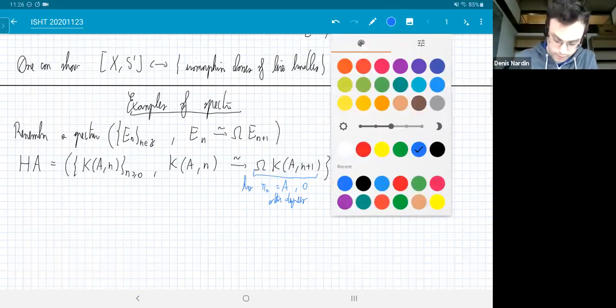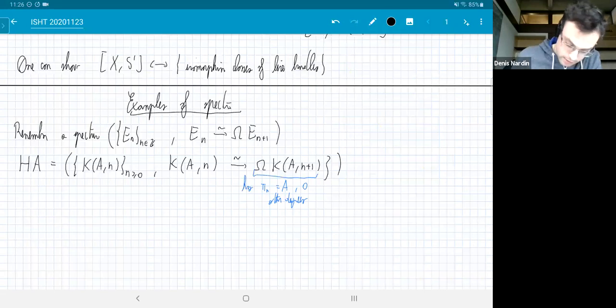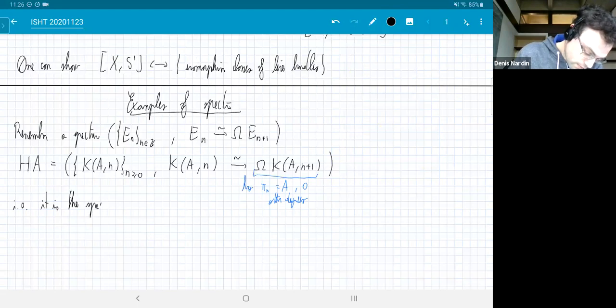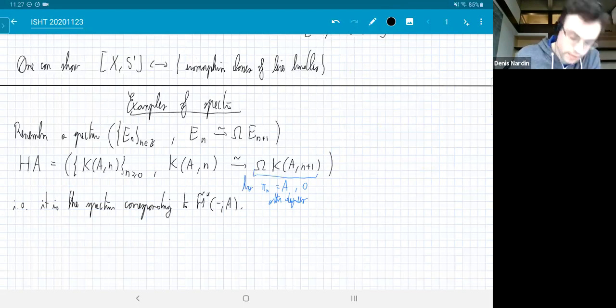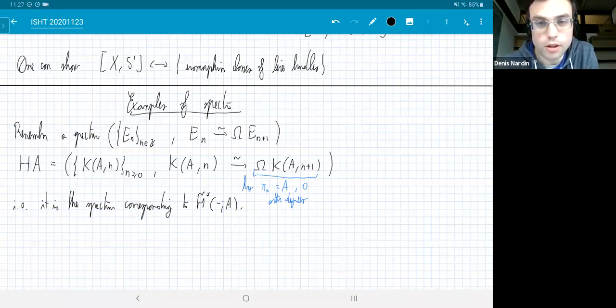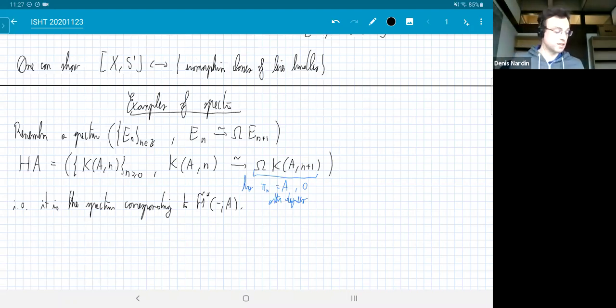Or if you want, set it differently, this is the spectrum corresponding to H tilde star of A, to this cohomology theory. The only cohomology theory we have. So it had better have a spectrum. And that's a very important spectrum.